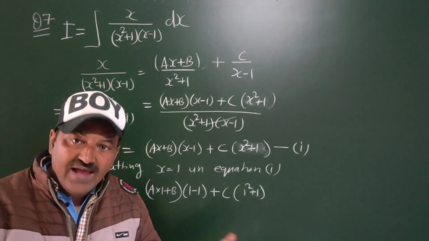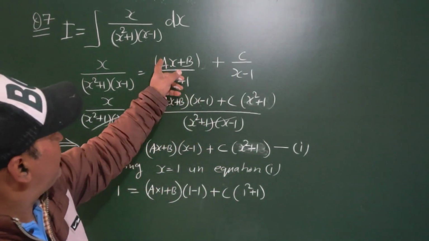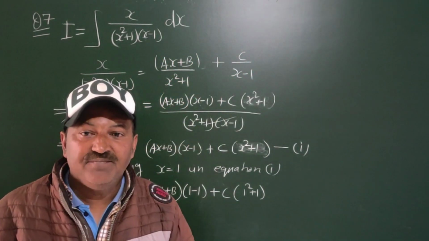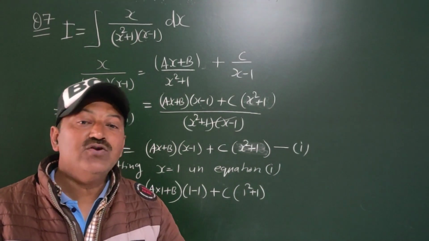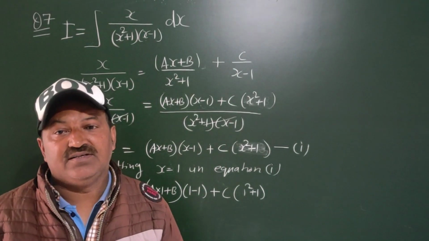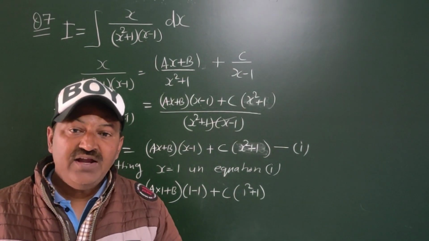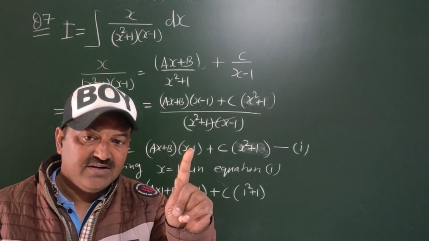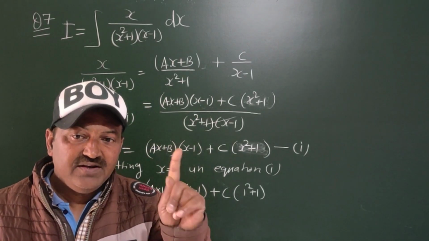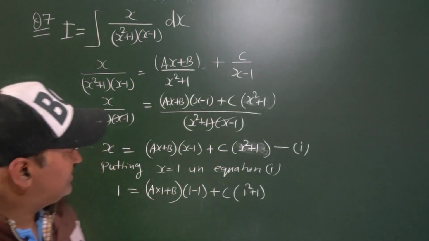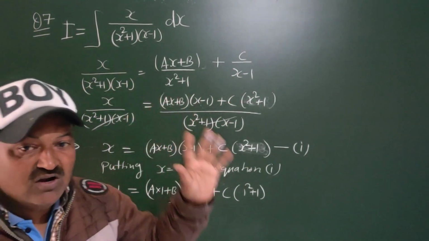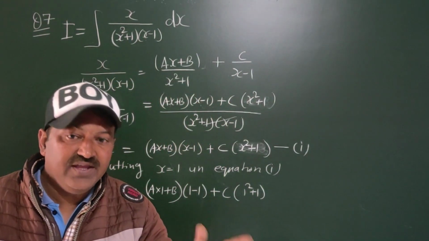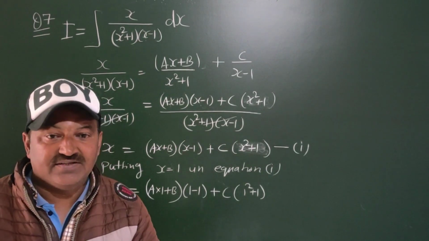Now we have to find the values of capital A, capital B and capital C, using the previous method as well as a new method, comparing the coefficients. We can find the value of only one constant, c, by simply putting x equal to 1. We cannot find the values of a and b by this method.